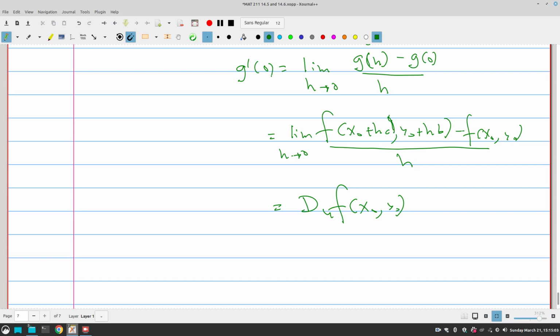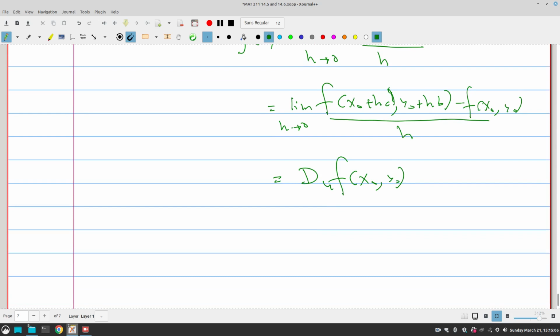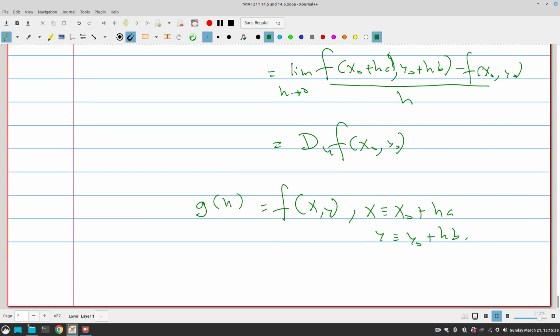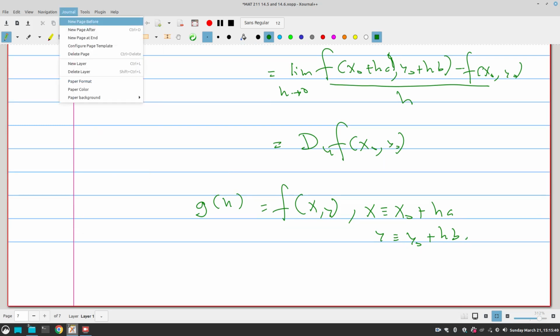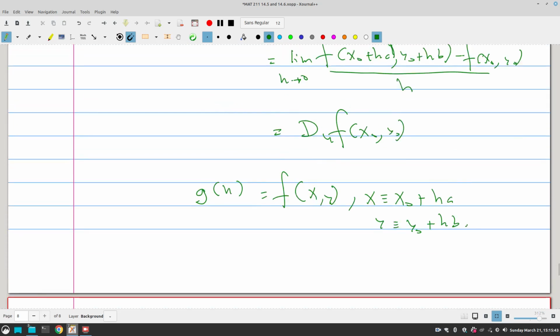On the other hand, we can also write g of h as f of x y, where x is defined to be x naught plus ha and y is defined to be y naught plus hb. So let's look at another way of writing g prime of h.